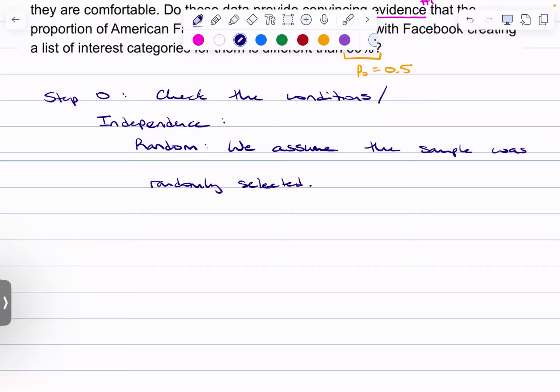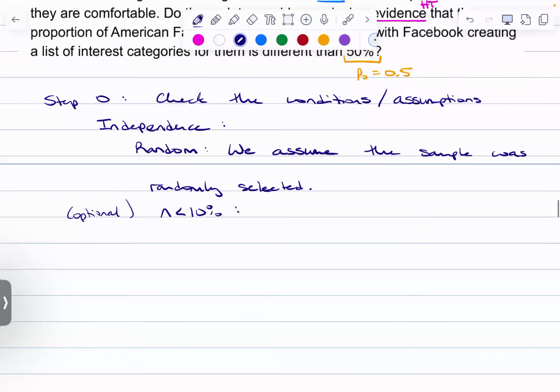And so I'll add that here, conditions / assumptions. Sometimes we just state what we're assuming in order to proceed. The optional one, n less than 10%, right?